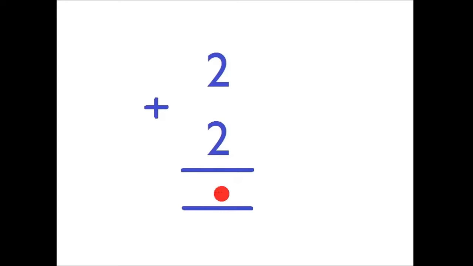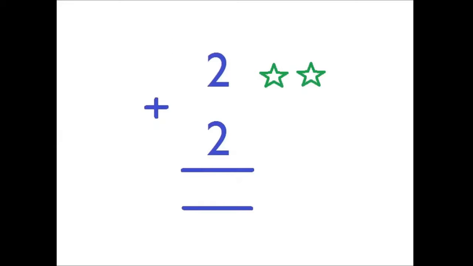So the first thing we are going to do is look at our first number. Do you see our first number? What number is that? 2. Okay, so we are going to draw 2 stars this time. 1, 2. And then we are going to add 2 more.